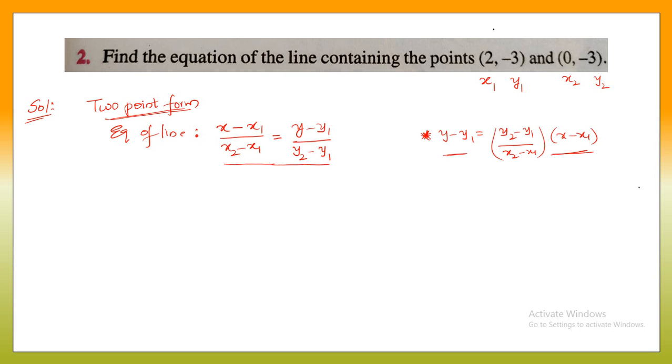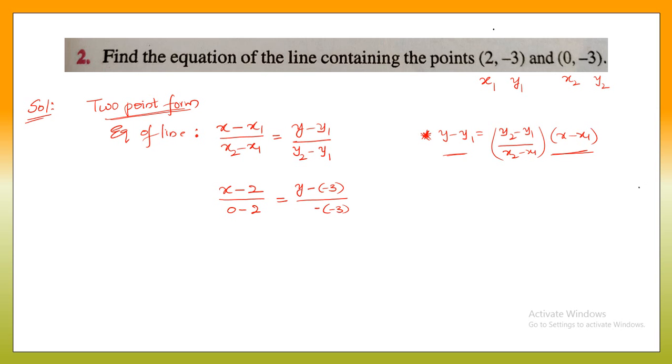Now, substituting the values, x minus x1 is x minus 2, divided by x2 minus x1, which is 0 minus 2, is equal to y minus y1, that is y minus of minus 3, divided by y2 minus y1.